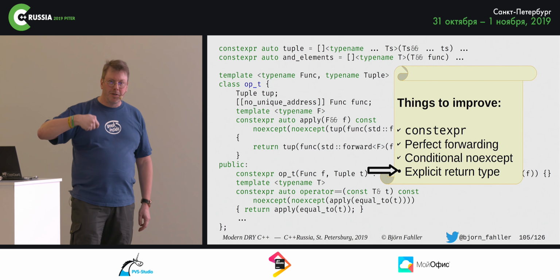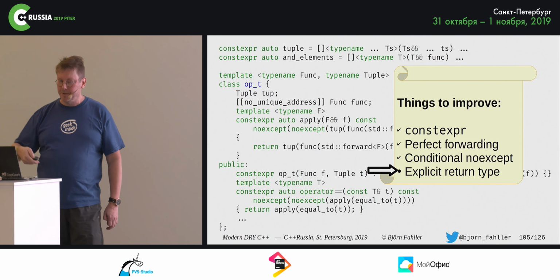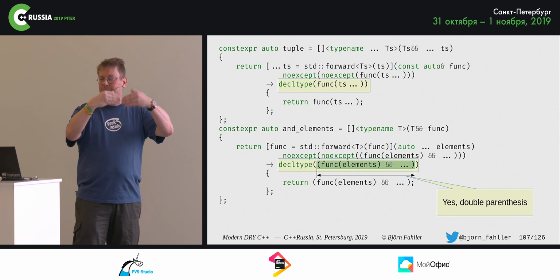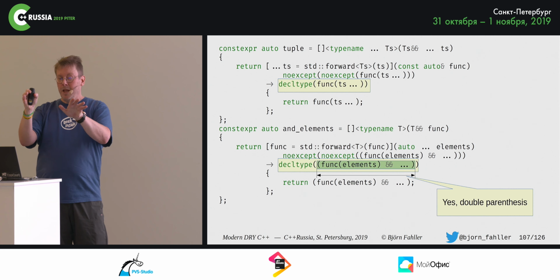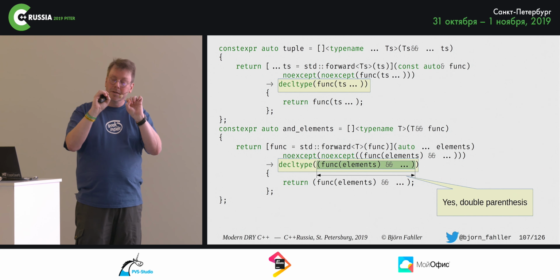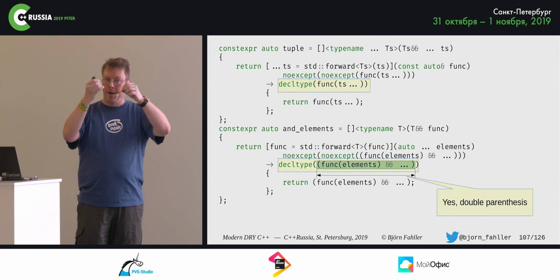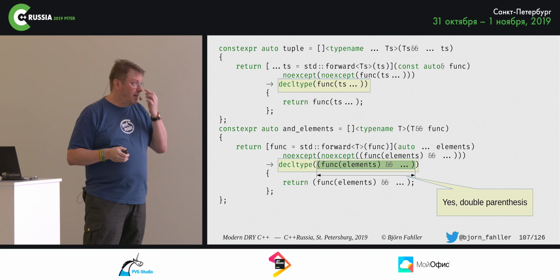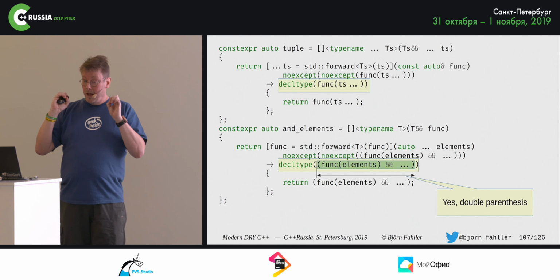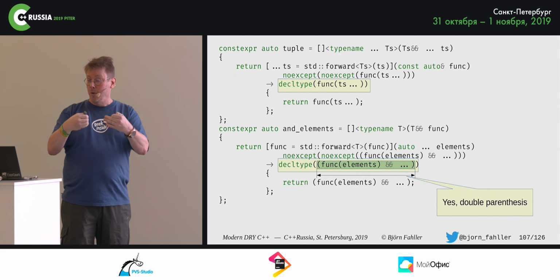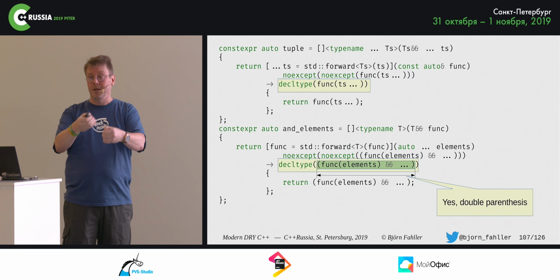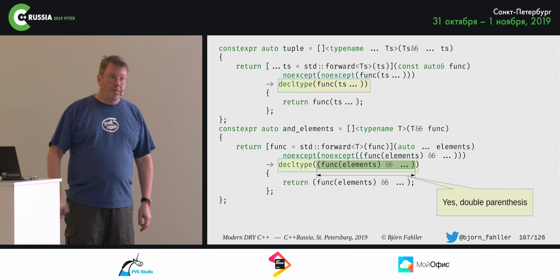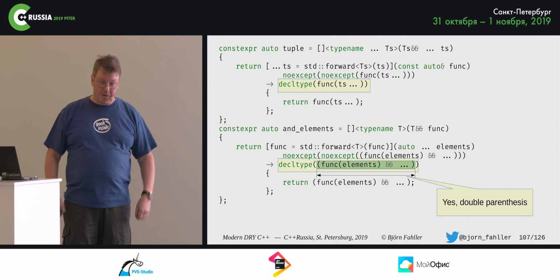And then we get to the explicit return type. Like I said, this can be important to short-circuit the horrible template compilation error messages. So what we do is we say that the return type of this is the decltype of calling func of ts. And this now checks the return type when doing the type check instead of when actually doing the call, which means that, to come back to this question about compilation errors, without this, if you make the call with something where the expression isn't compilable, you get a huge spew of error saying that there is no operator equal between a string and int, for example.